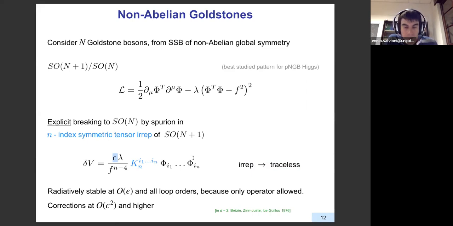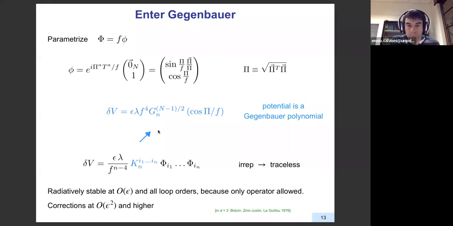So if I do this, which is my non-abelian analogy of the previous case, then what I will show you now, but I'm anticipating the result, is that this potential really is a Gegenbauer polynomial. Okay, and the way to see this is I'm doing the same as I was doing before. I write the phi field, the linear field, as an exponential.